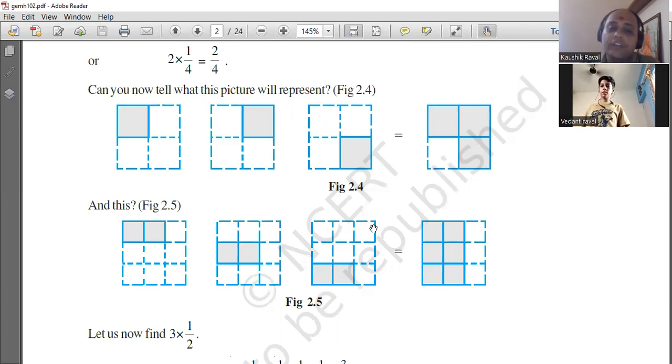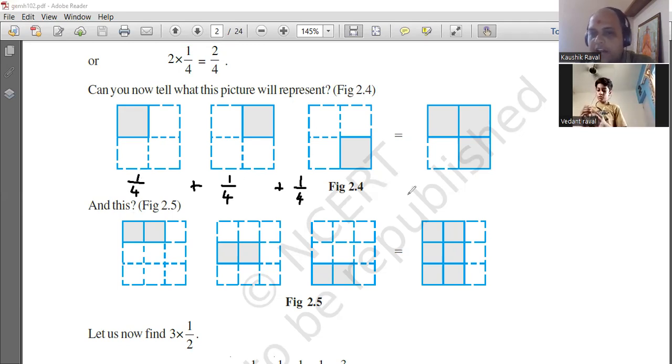So if I want to write it in a mathematical way, this is 1 by 4 plus another 1 by 4 plus 1 by 4. Added together, all these three become 3 upon 4.